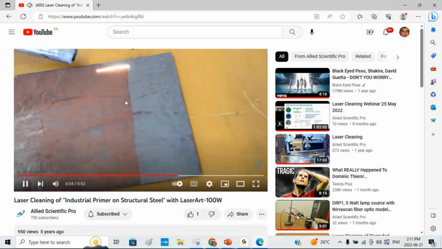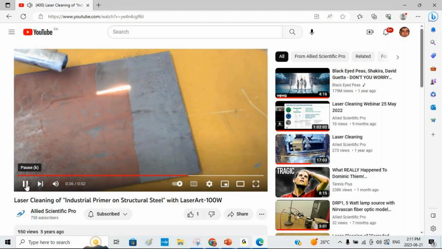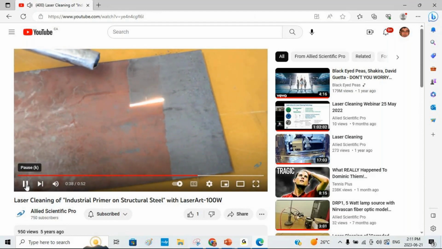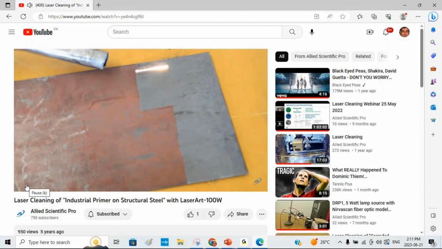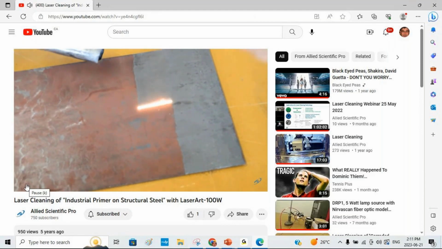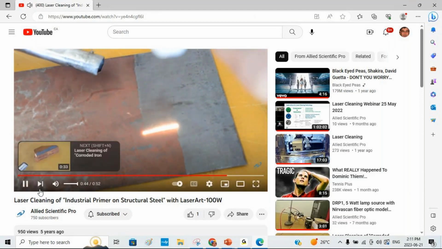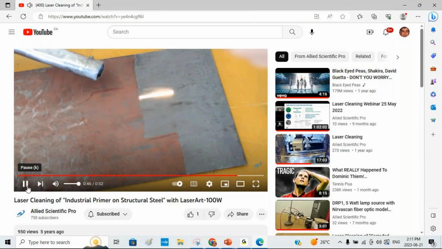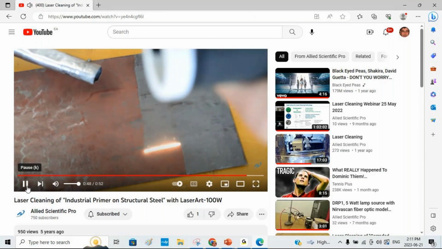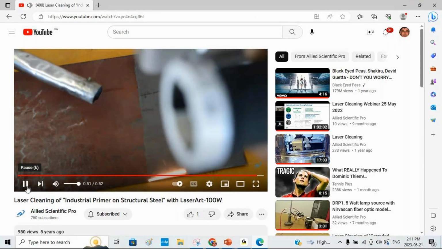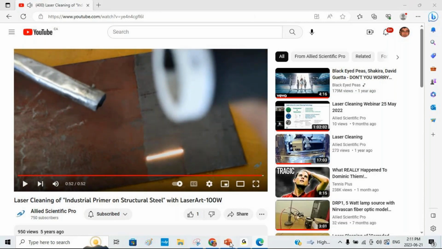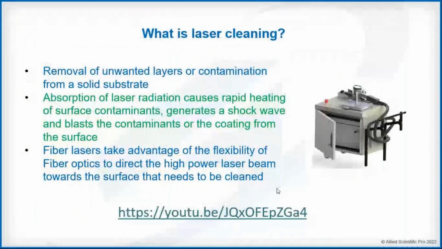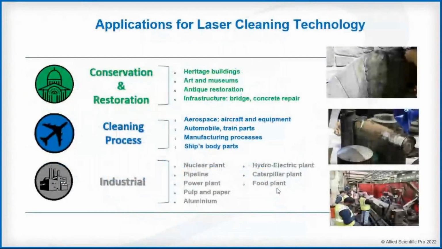Everything is being collected by the vacuum tube. Okay, so that's a demonstration of our laser cleaning system, the 100-watt.